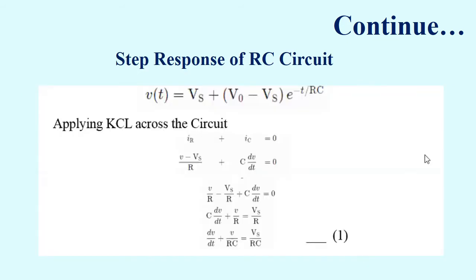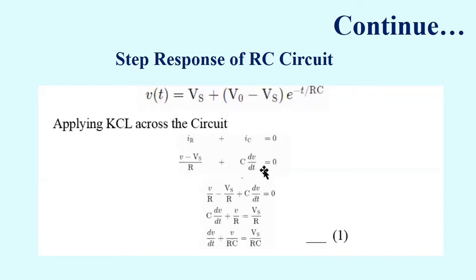So here we have the step response equation of the RC circuit. This step response is the combination of the forced response and the natural response. Firstly, we'll apply KCL across the RC series circuit. So IR, the current across the resistor, equals this term, and the current across the capacitor equals this term.